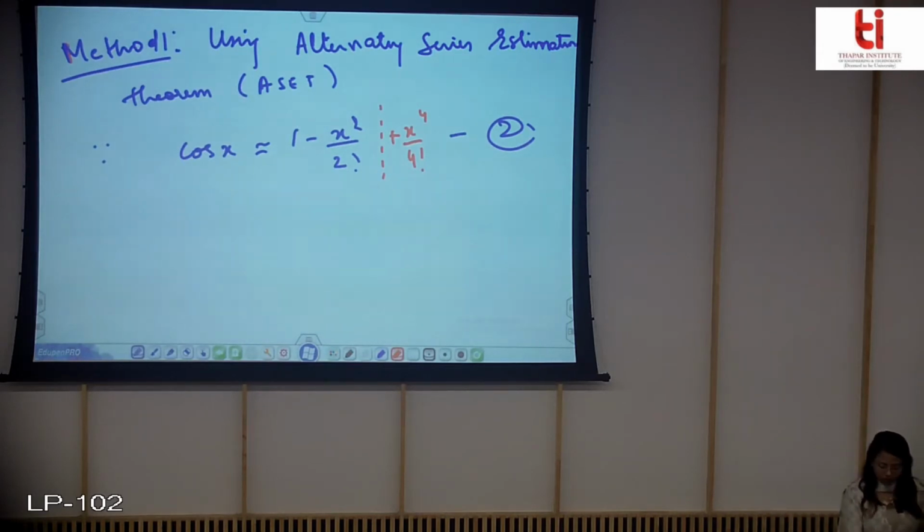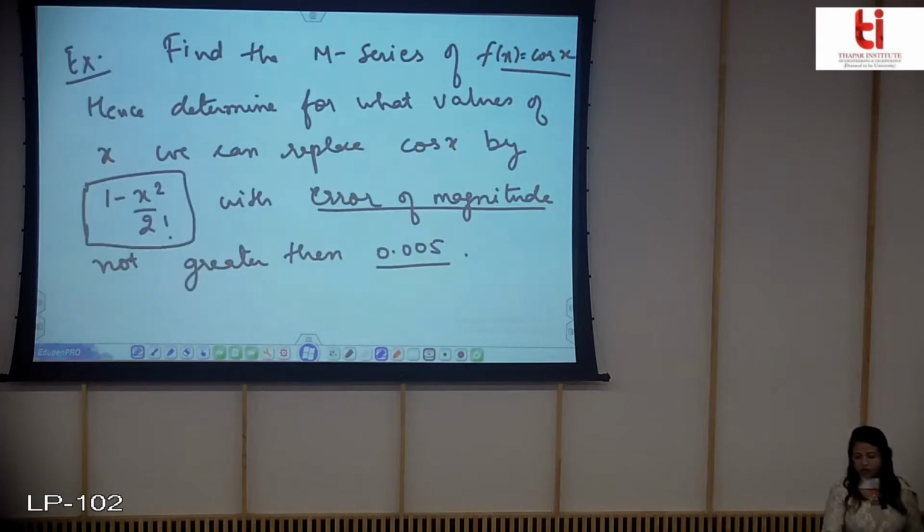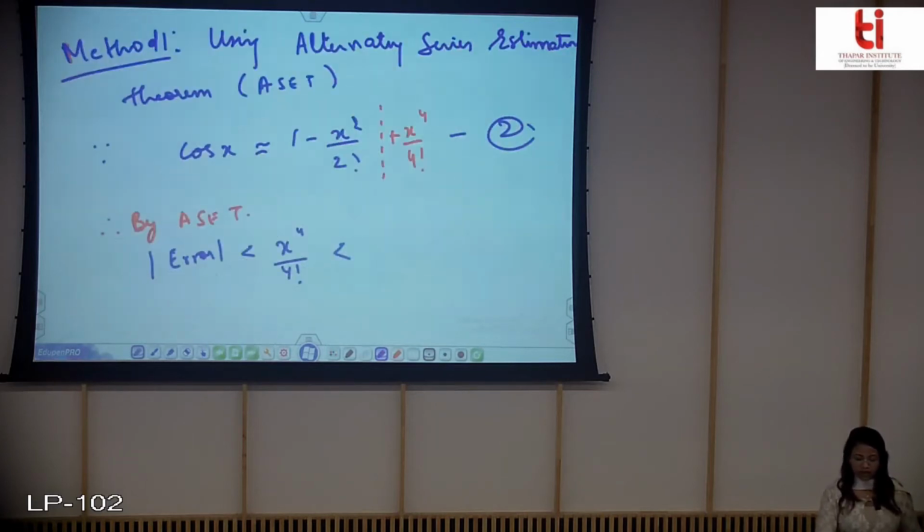So by ASET, error bound will be less than the first unused term. It is given in the question that your error magnitude should not be greater than this, that means our error should be less than this value.